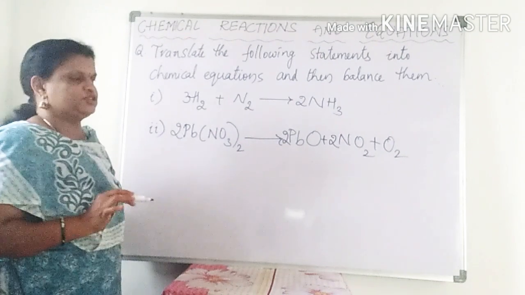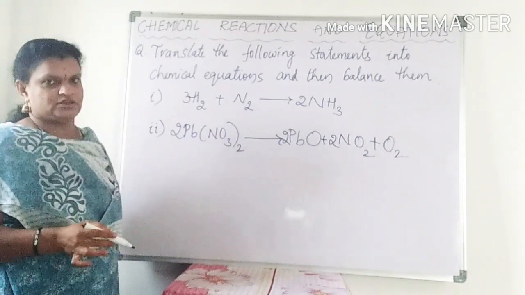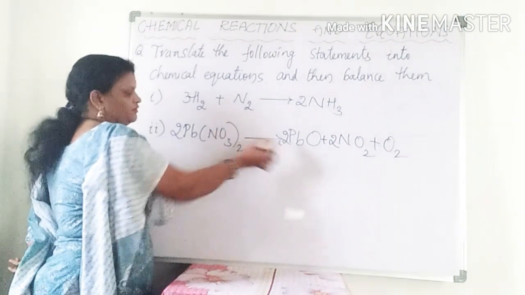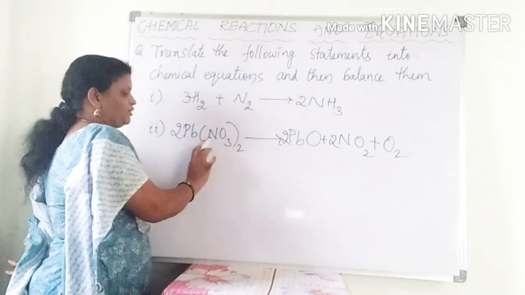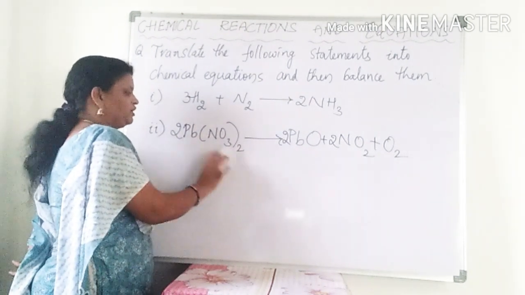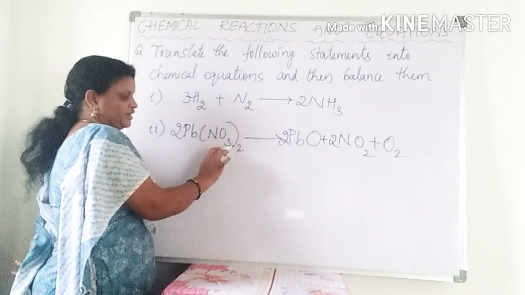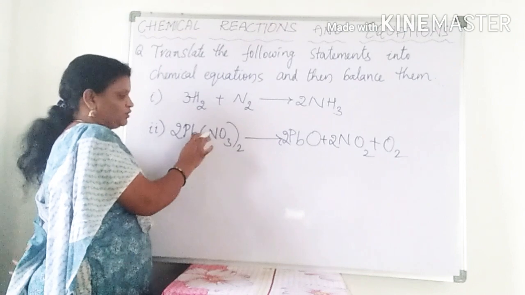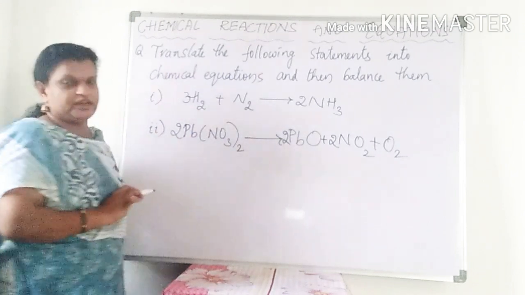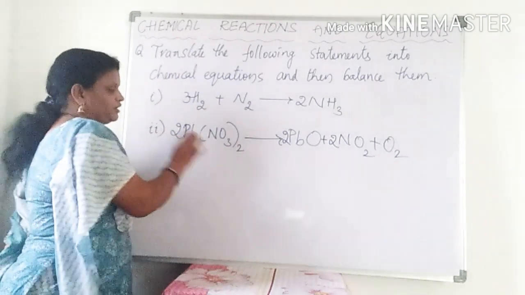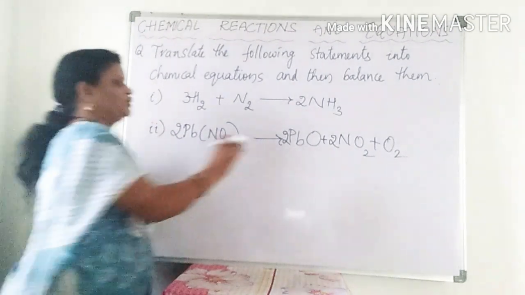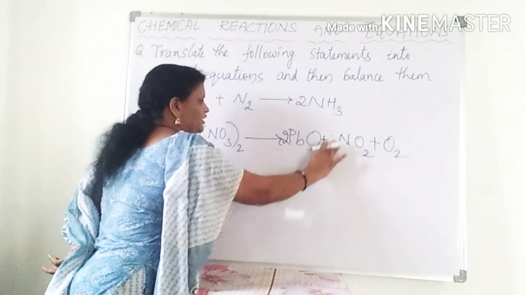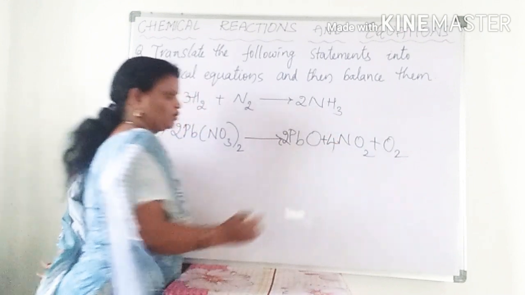Now observe the equation. Lead atoms we have taken 2, okay. And nitrogens, how many are we getting altogether? 2 in each, because here it is taken twice, and before Pb(NO3)2 we have written 2. Altogether nitrogen atoms we are getting 4. So let us write this 4 instead of 2 before NO2.